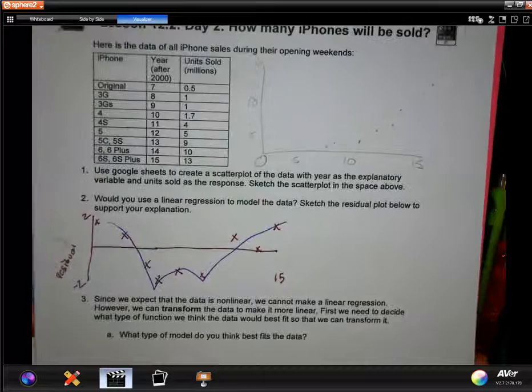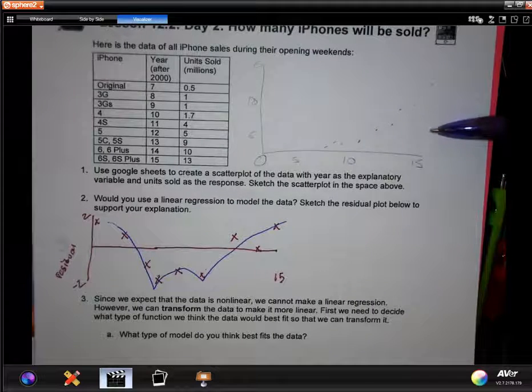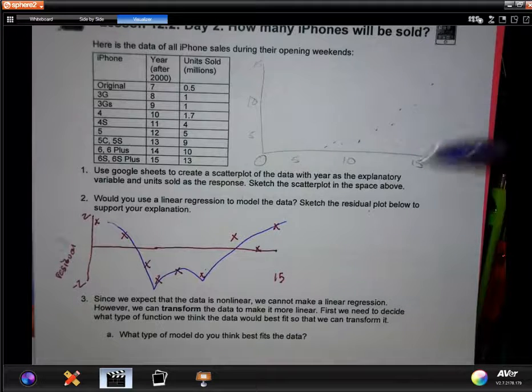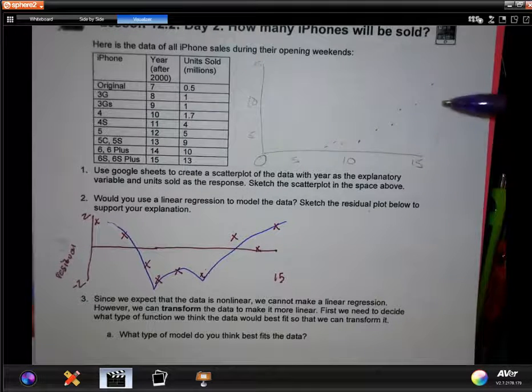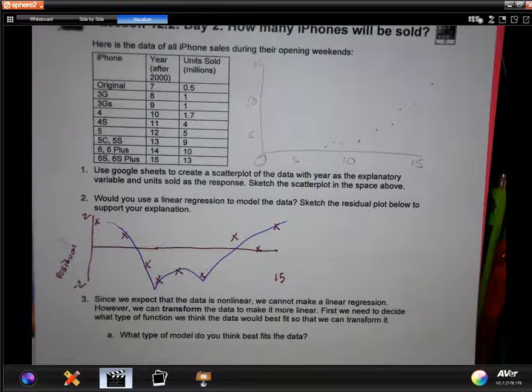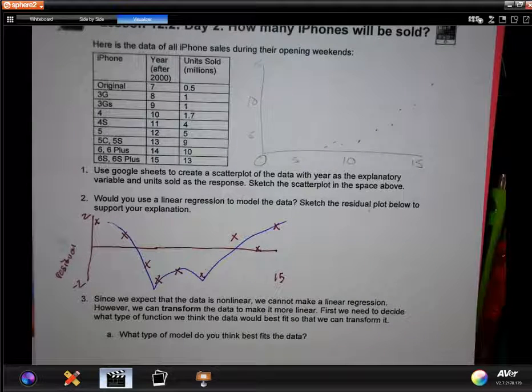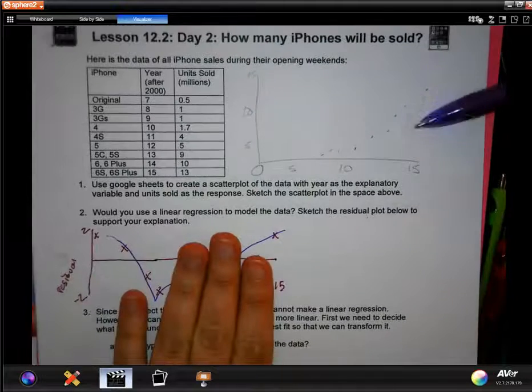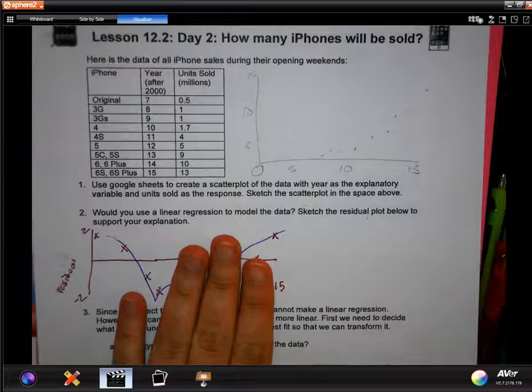So looking at the original scatter plot, what kind of function does this remind you of? Natural log? No, a natural log is like that. To the fourth? A quartic? That's just a really fat parabola. The original scatter plot, what does it look like?